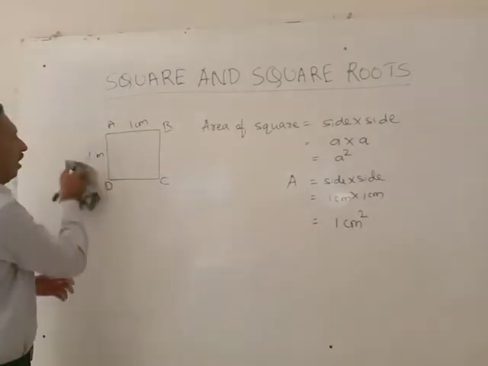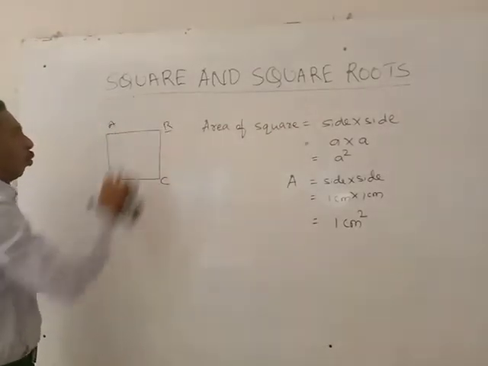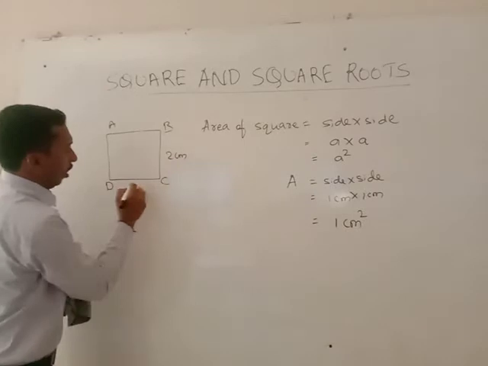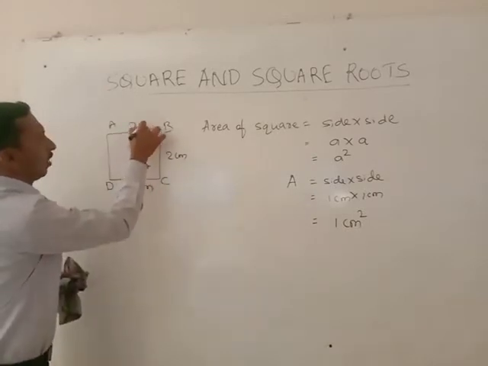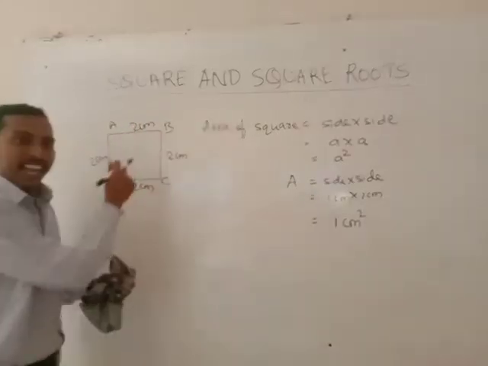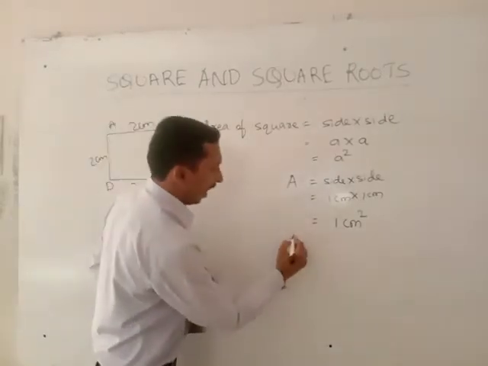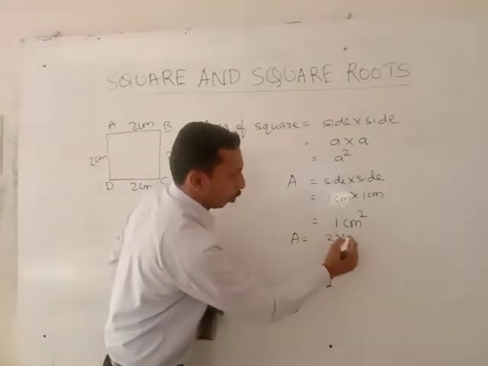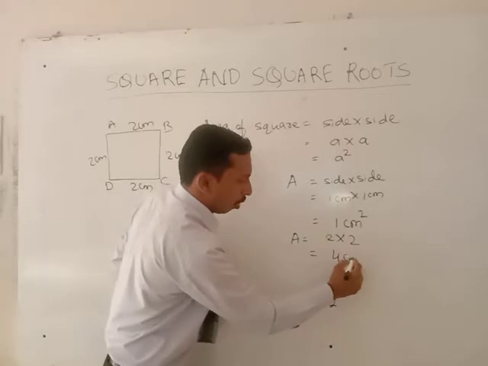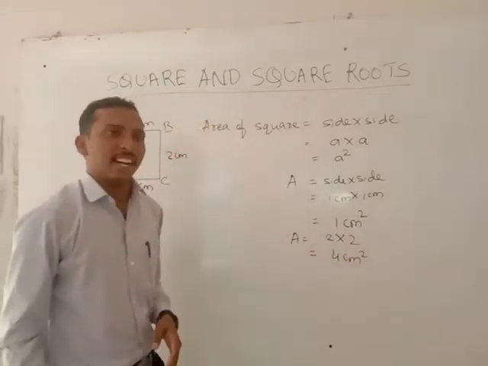If instead of 1, I take the length of each side as 2, what do you think? What is the area of this square now? The area of that square is 2 into 2, which equals 4 square centimeters.